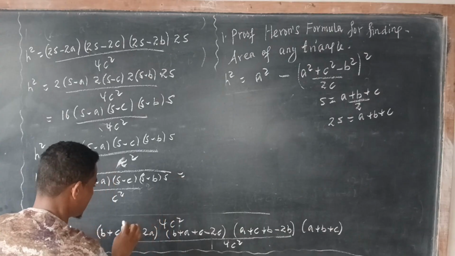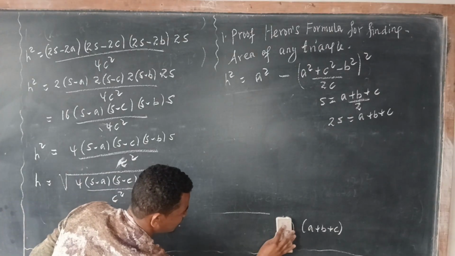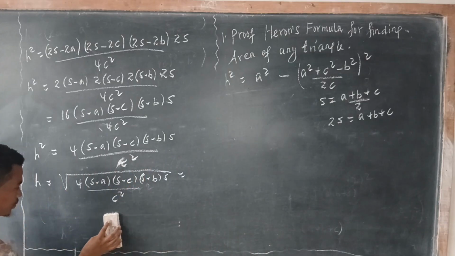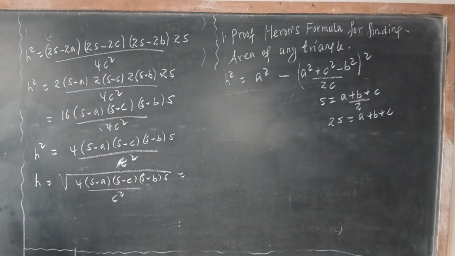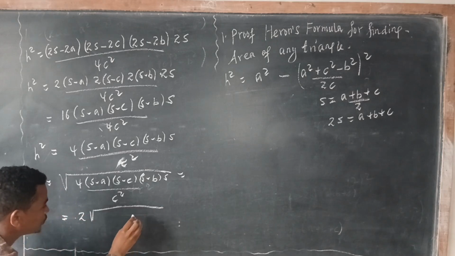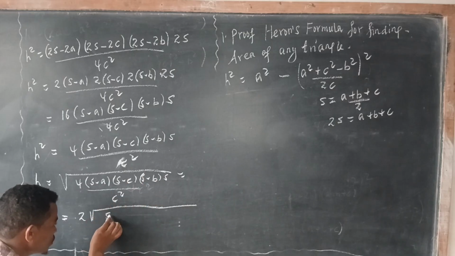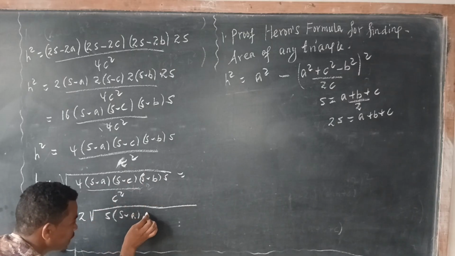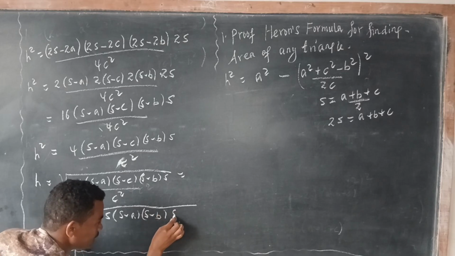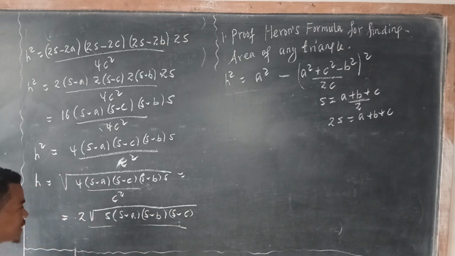This is the same with h is equal to, taking 4 out of the radical gives 2 radical, arranging, s into s minus a, s minus b, s minus c over c square, that is c.